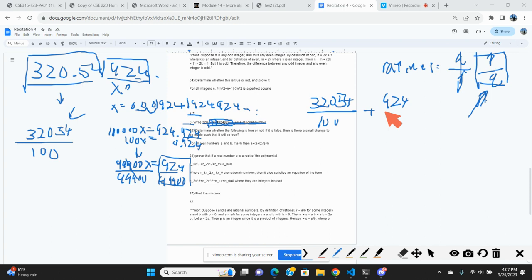But the issue with this is once again the same issue. It looks like they are generally defining rationals, but once again they're using the same variables to define two different rationals, or what is supposed to be two different rationals.